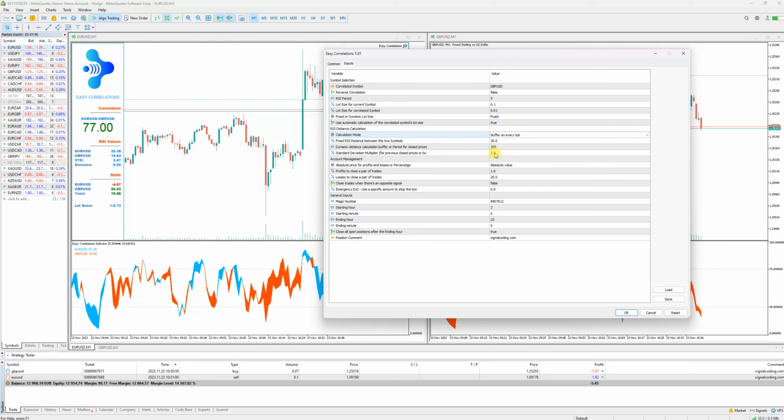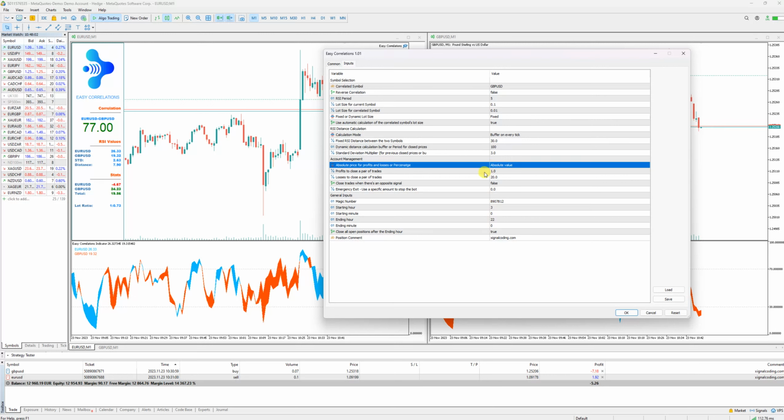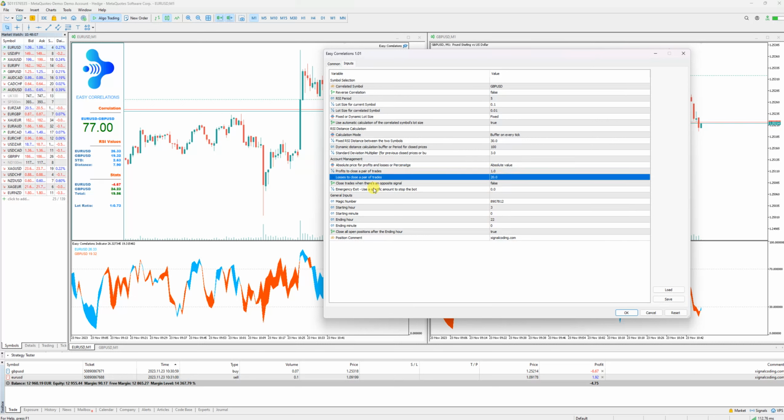I have to repeat once again that this is a trading tool to help you trade correlations your own way. Next, we have the account management, the absolute price for profits and losses or percentage in case you want to exit. So in this example, I'm using an absolute value of 1 and 20. 1 for profits to exit.